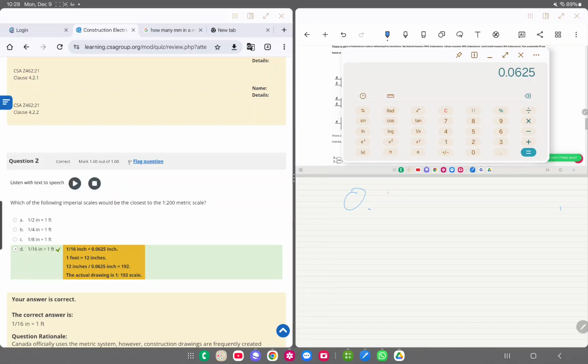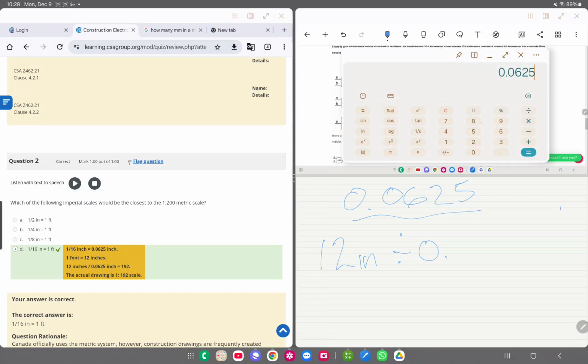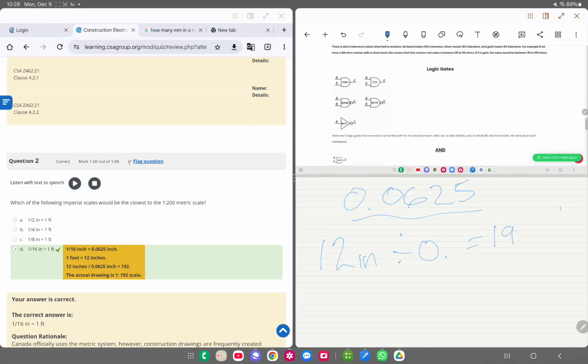0.0625, right? Now we're going to take our total of 12 inches and we're going to divide it by this number, and it's going to equal 192.